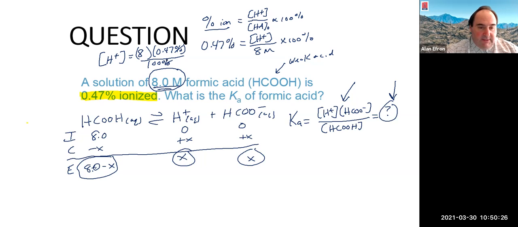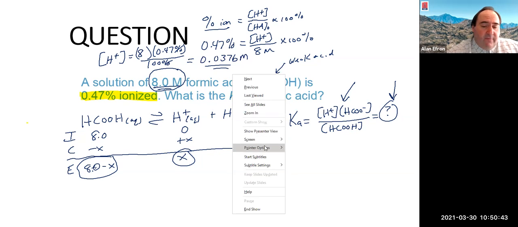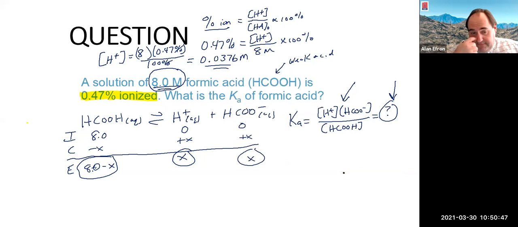If we do all this together, we end up with an H+ concentration of 0.0376. So using the percent ionization given in the problem, we can use that formula to calculate the H+ concentration. First off, any questions on that calculation?